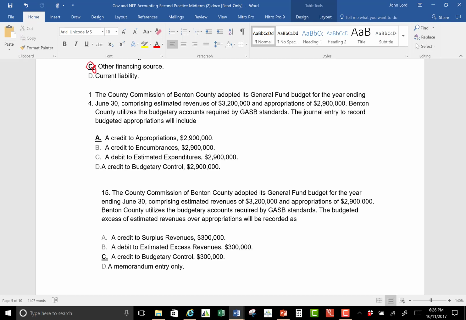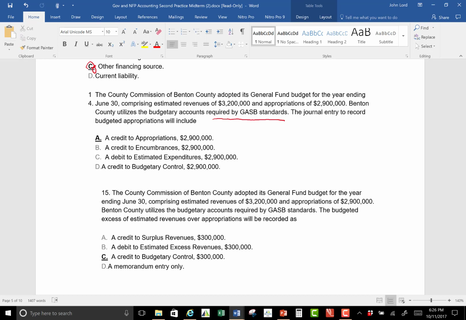I'm a little suspicious of that. I don't know that GASB standards call out these budgetary accounts. Much of what we study in this class comes from the Government Finance Officer Association requirements. So we'll just loosely accept that it's by GASB standards.